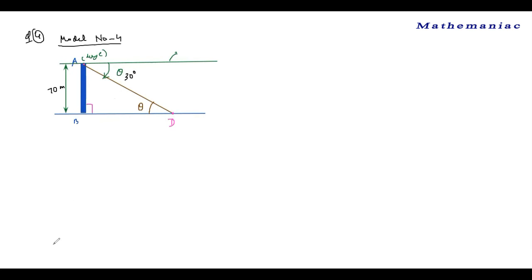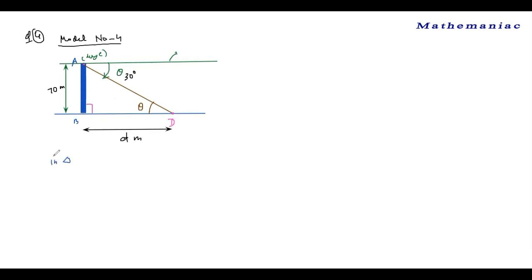Now the question is: at what distance from the foot of the building is the car parked? Suppose this is d meters. Now it's a very simple figure. You can easily identify only one triangle here.